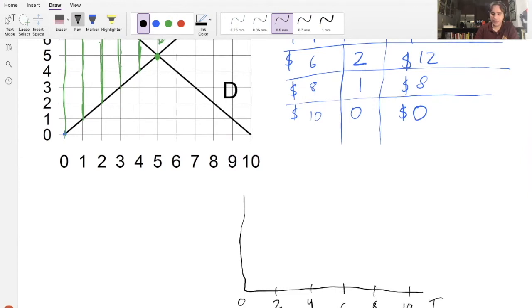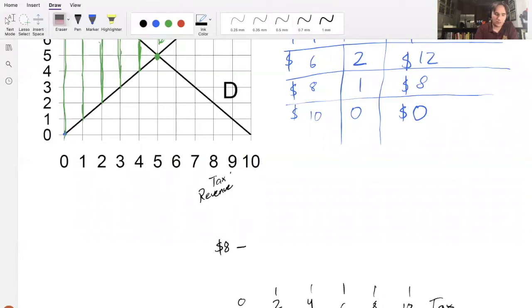This on the x-axis is the tax, and on our y-axis we have tax revenue.